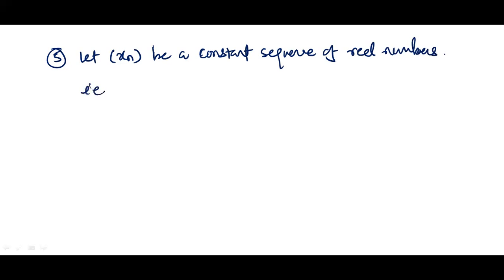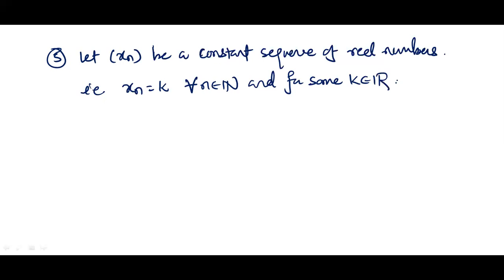That means xn is equal to k for all n belongs to N and for some real number k.